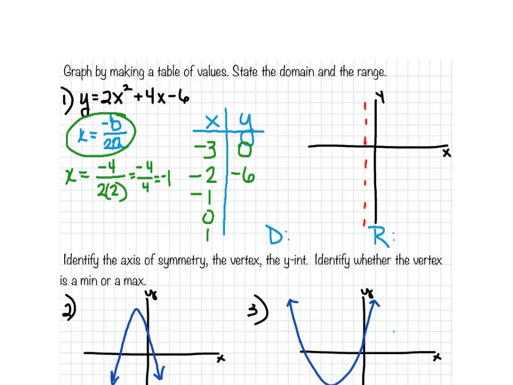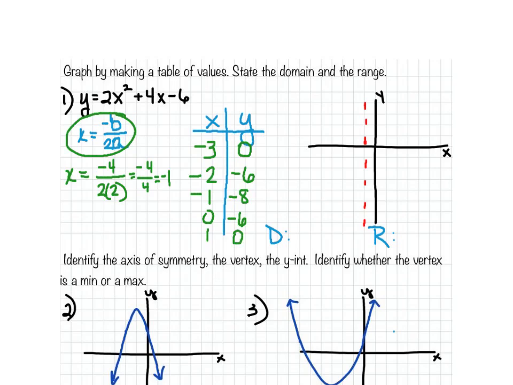Where x is equal to negative 1, y is equal to negative 8. Where x is equal to 0, y is equal to negative 6. And where x is equal to 1, y is equal to 0.